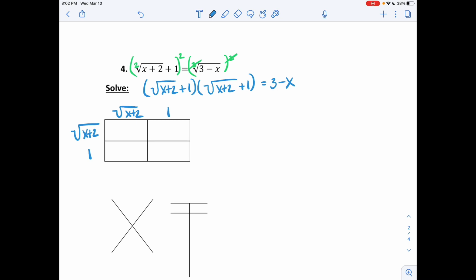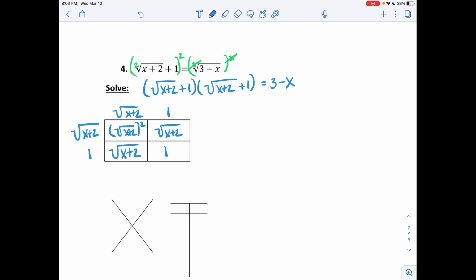So this first one is going to be square root of x plus 2 times square root of x plus 2, so I will put square root of x plus 2 in parentheses and square it. Now I have square root of x plus 2 times 1, square root of x plus 2. Next box, same thing. And finally 1 times 1 is 1.